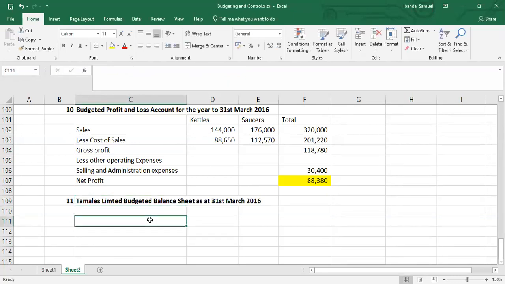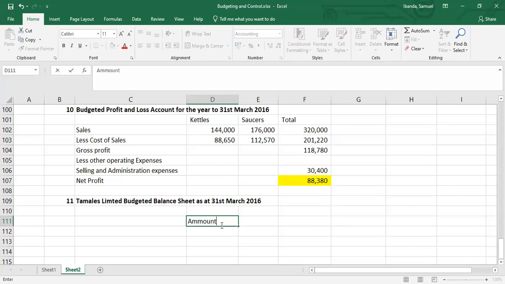Now, if you look at our question from the beginning, they actually gave us a starting balance sheet, Tamale Limited balance sheet as at the first date. So that is one of the first things we are going to borrow and use, and it's a similar format that we shall use, as you can see. So when it comes to the balance sheet, definitely we can have the amounts, and remember, this is in UGX.